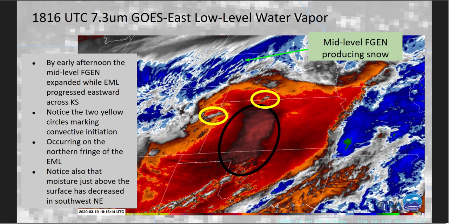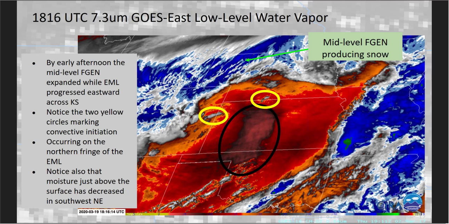So jumping ahead another hour at 1816 UTC, we're starting to see a couple of convective elements in there. But again, our attention primarily focused on that mid-level FGen signature, producing some pretty good snows at this time. And by early afternoon, that mid-level FGen signature expanded across our area, as you can see there, fills in quite a bit more area than what we had originally seen early in the morning.